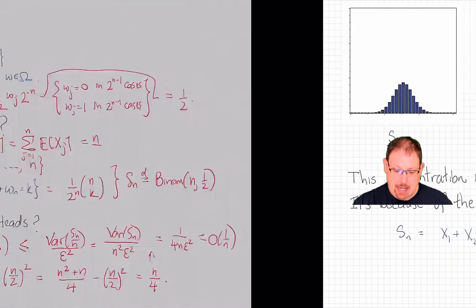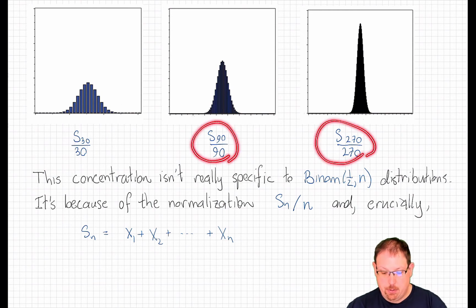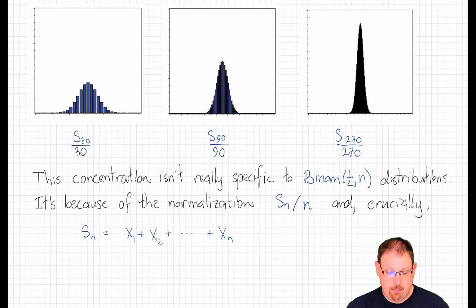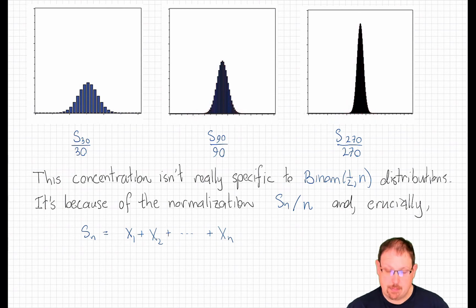We can see that in these pictures that show the binomial distribution with different n. Here we have n equal 30, here n equal 90, here n equals 270. And we see this binomial distribution getting more and more concentrated around the mean, 1/2. Now, we saw that on the previous slide as a consequence of some calculations that you may or may not choose to do on your own.